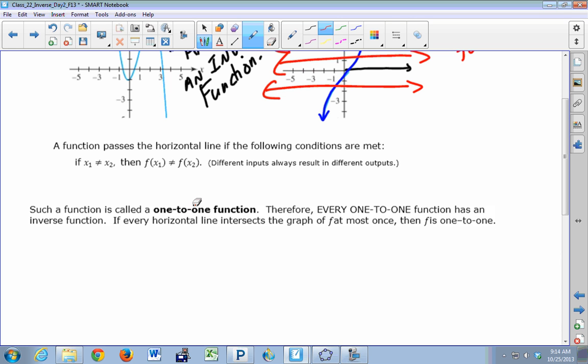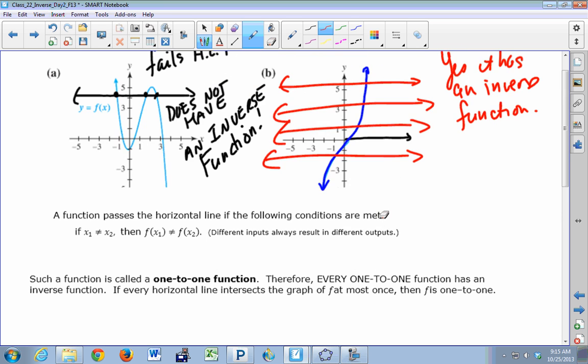And what that means is if you had a picture of its graph, it would only be intersected once if you drew a horizontal line through it. So not only does this horizontal line tell you you have an inverse function when it intersects once, it also tells you that your original function is what we call one-to-one. You put in an x and only one x. If you put in two different x values, two different y values come out.